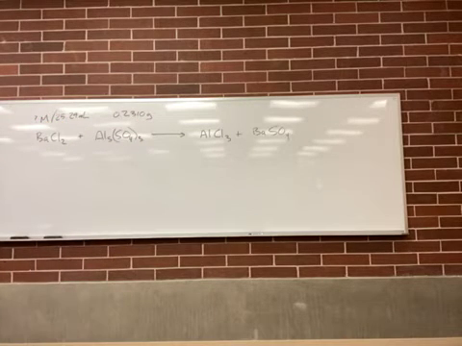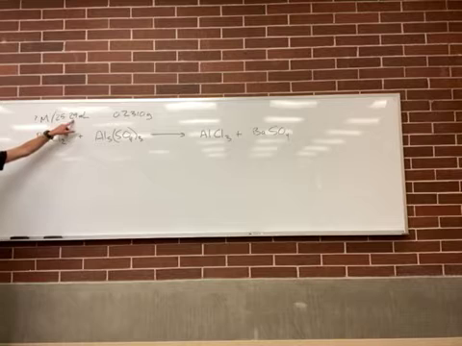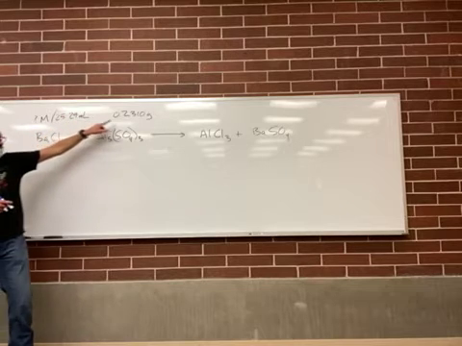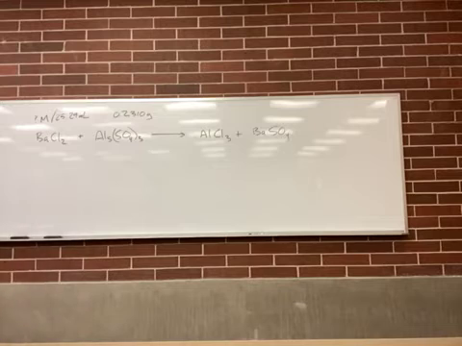Okay, see if you can set that up. What is the molarity of the barium chloride solution if 25.29 milliliters of it neutralize 0.231 grams of aluminum sulfate?